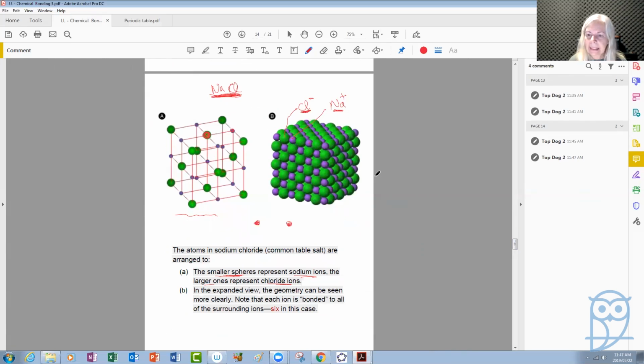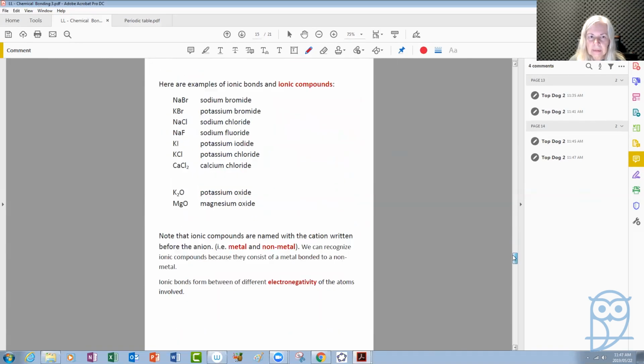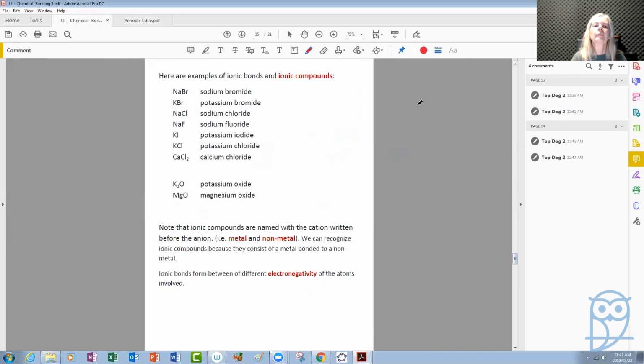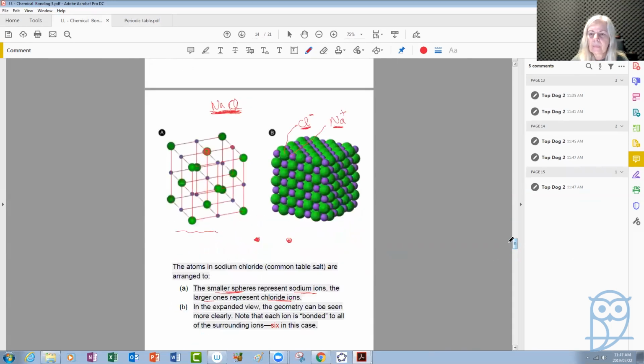Another thing that we can say, it's actually written here, let's go through that. In ionic compounds, like the sodium chloride that we saw now, note that they are named with the cation written before the anion. What is the cation? The cation is the positive ion.